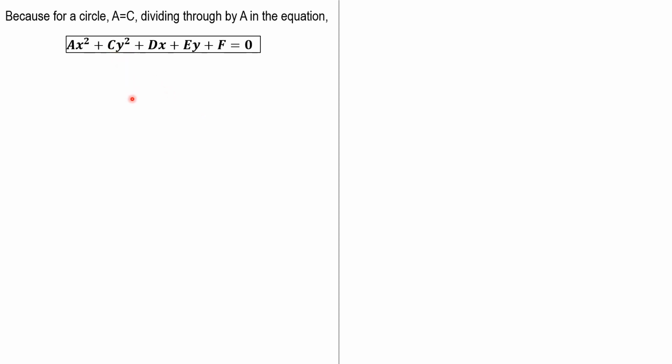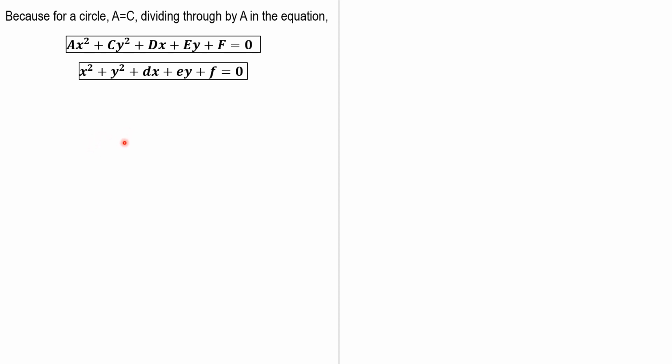So after we divide by a, take note a equals c, that reduces to x squared plus y squared. We will just denote capital D over capital A as small d, capital E divided by capital A as small e, and capital F divided by A as small f. So it reduces to x squared plus y squared plus small d times x plus small e times y plus f equals 0.